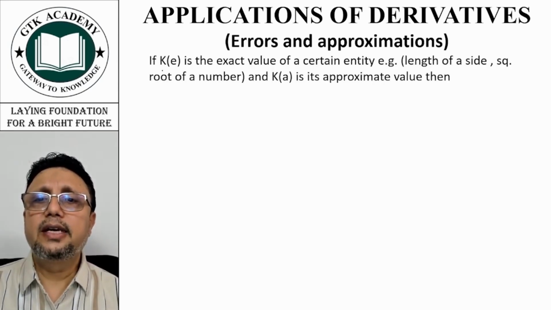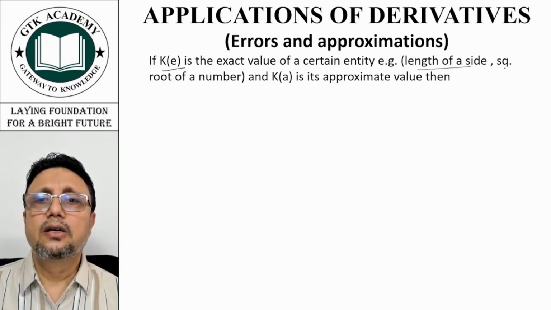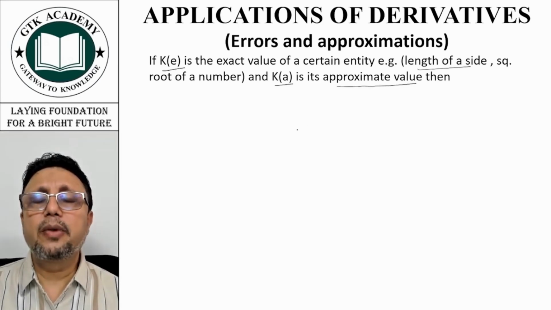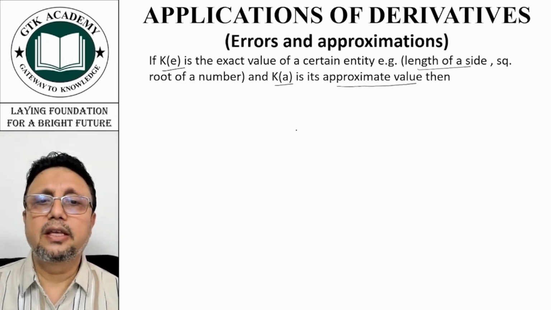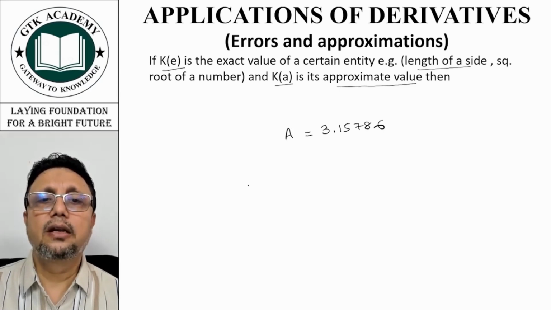Now if E is the exact value of a certain entity, say length of a side, square root of a number, and so on, and A is the approximate value. For example, if you are measuring the length of a certain thing and the actual length is 3.15786, this is the actual.